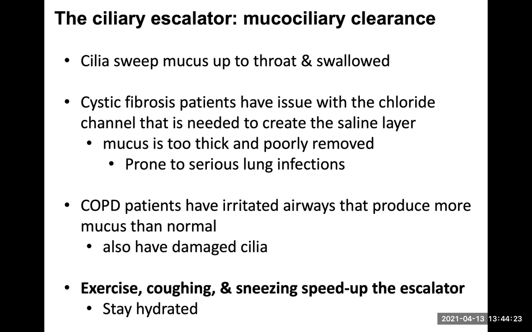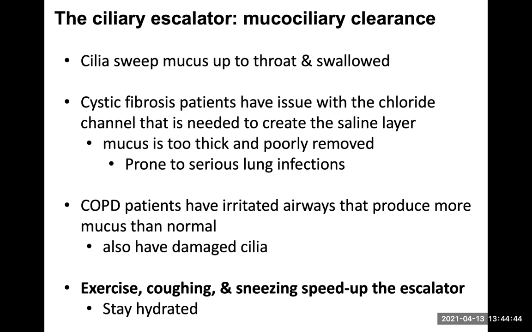And so they have these irritated airways, like the trachea and the bronchi, and they're inflamed and producing more mucus than normal. They also tend to have damaged cilia, because the same irritants that irritated those airways have also damaged cilia. And so now they have a lot of mucus.